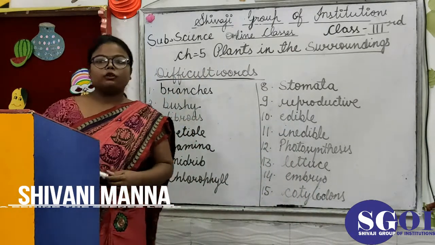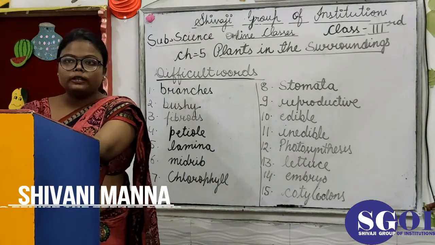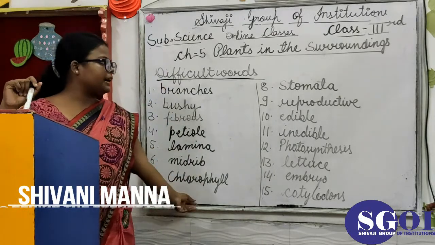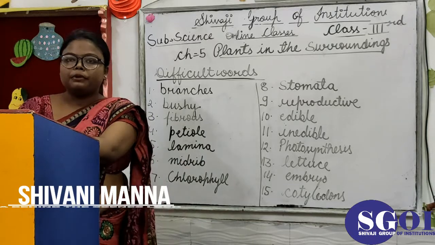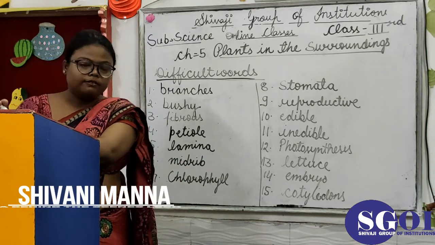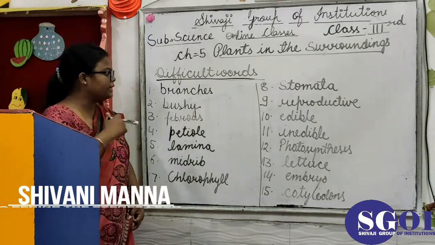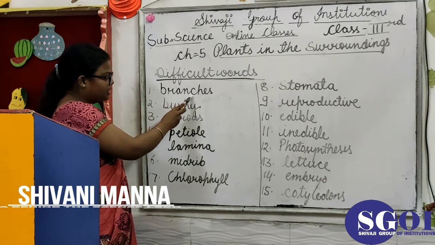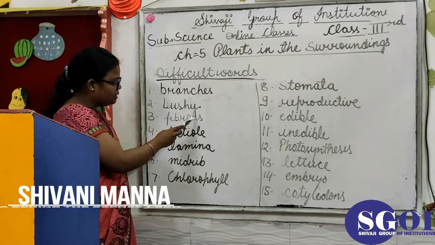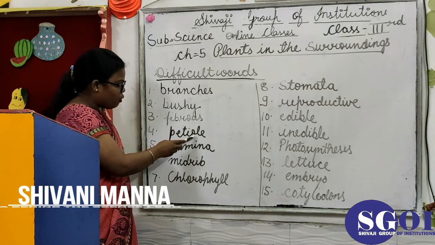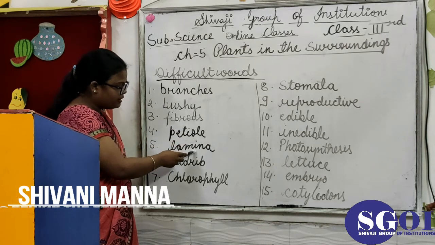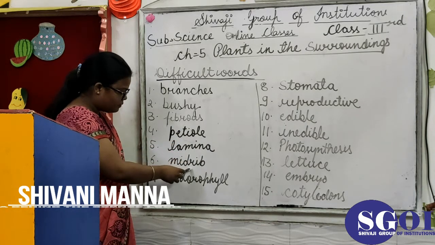Kids, you have to write the difficult words 2 times. It means one time I write it and another time you write it by yourself. So tell it. First, branches. Second, bushy. Third, fibrous. Fourth, petiole. Fifth, lamina. Sixth, midrib.